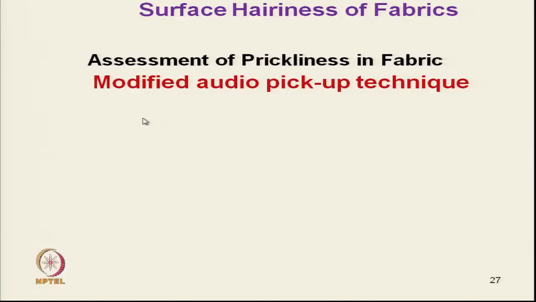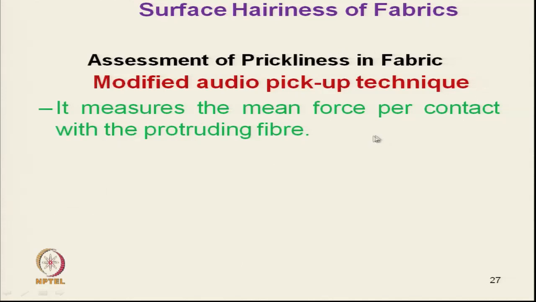hairiness of fabric accurately. Another technique is a modified audio pickup technique, whose result gives an idea about the prickle sensation of fabric. It measures the mean force per contact with the protruding fiber.